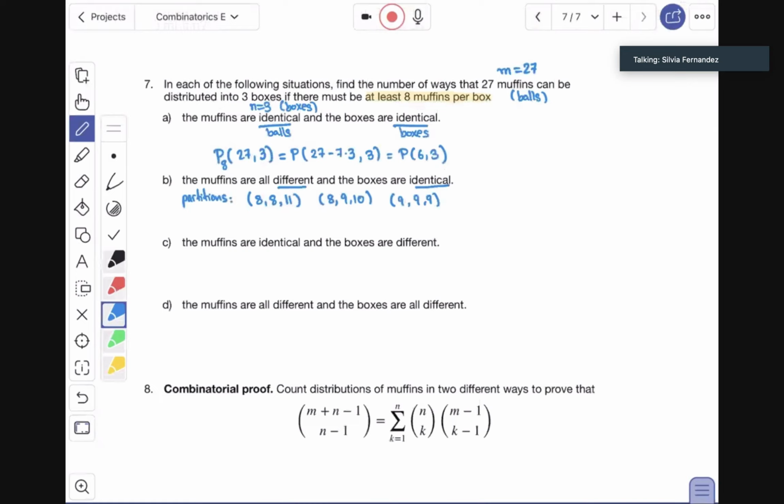And for those, what I need to do is the multinomials: 27 choose 8, 8, 11; 27 choose 8, 9, 10; and 27 choose 9, 9, 9. But because this is like the equivalent to the Stirling numbers, but with a specified number of balls per box, I need to divide by the multiplicities. So 1 over 2 factorial here. Here all my multiplicities are 1, so I don't need to write anything. And here I need to divide by 3 factorial.